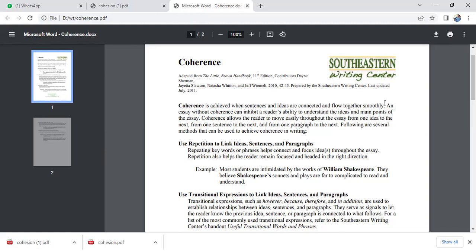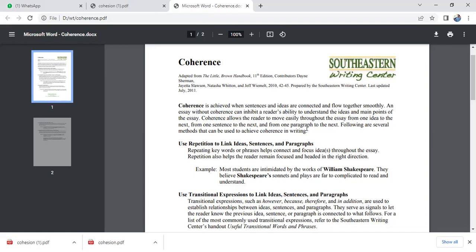An essay without coherence can inhibit a reader's ability to understand the idea and main points of the essay. Remember, when there is no coherence, the reader will get confused. There will be hindrance, there will be impediments, there will be resistance to his ability to understand the ideas.